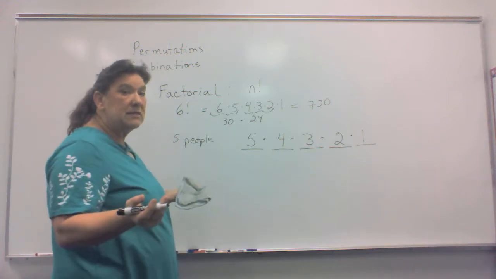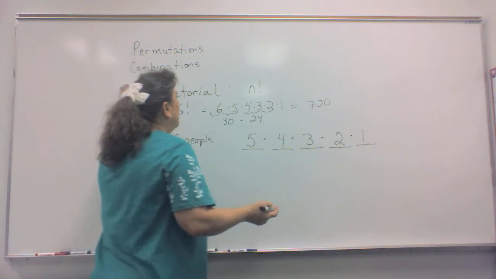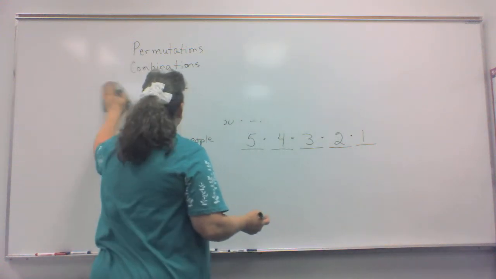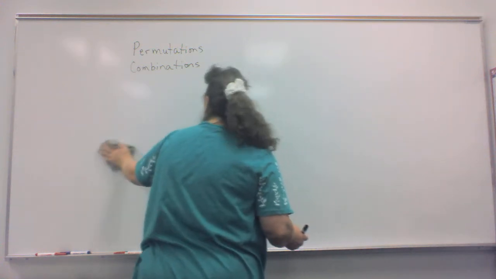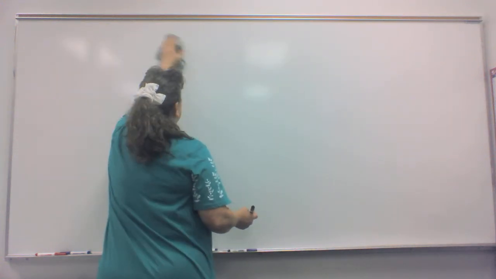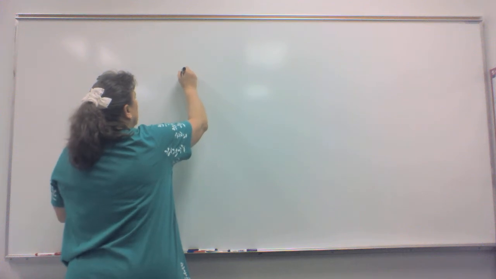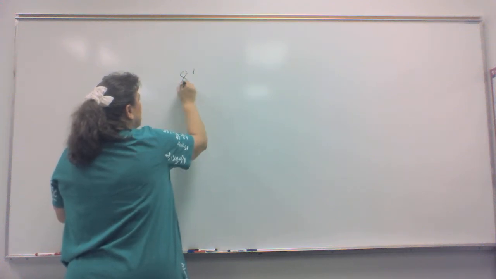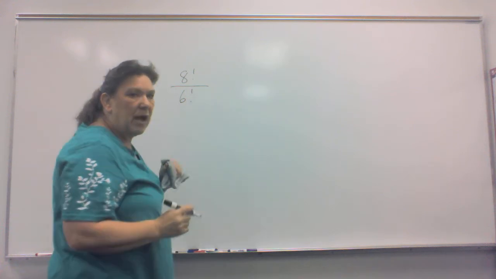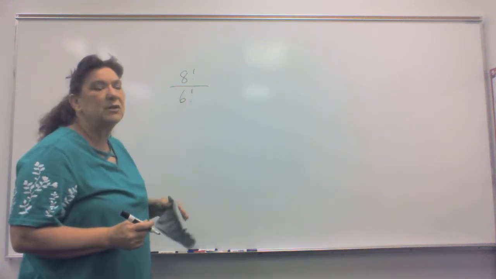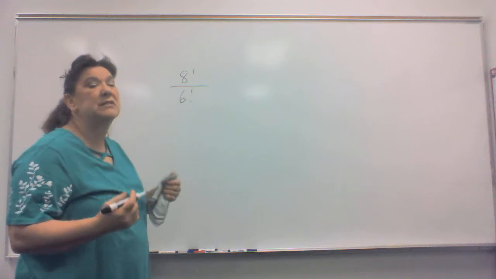Now, in the assignment with these factorials, you're actually going to use them in more ways than this. You will see an assignment that will say something like 8 factorial divided by 6 factorial. So how do we do that? Well, yes, it could be done in a calculator, but I want to see the work.